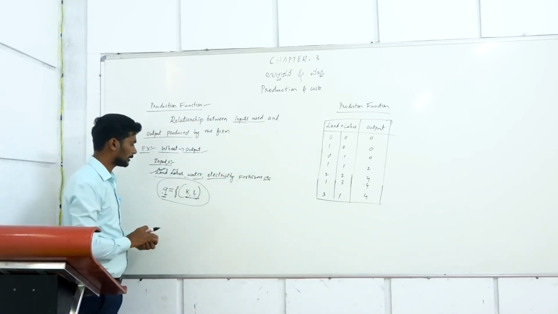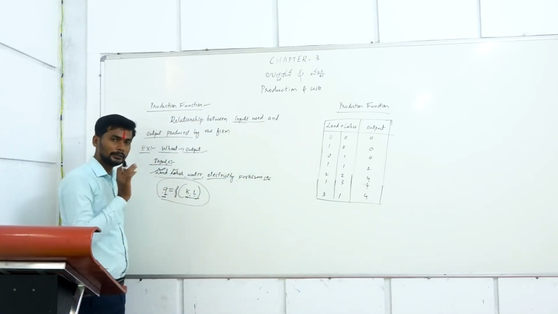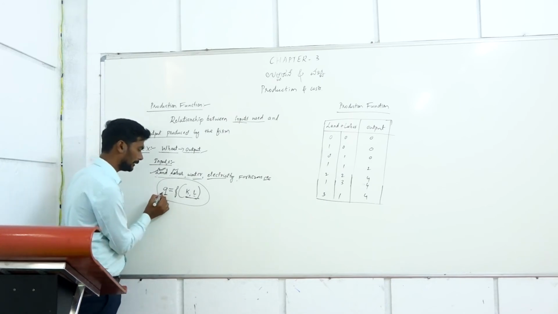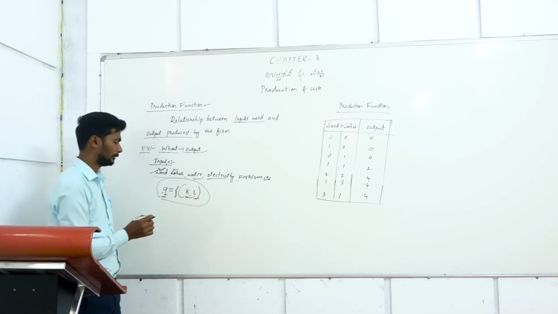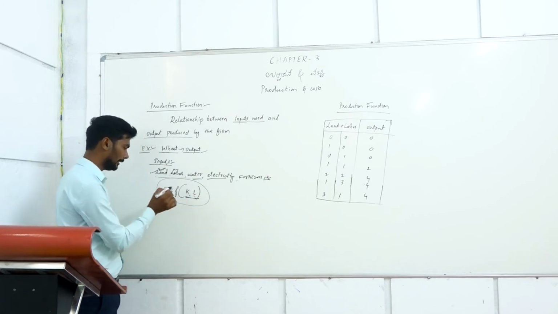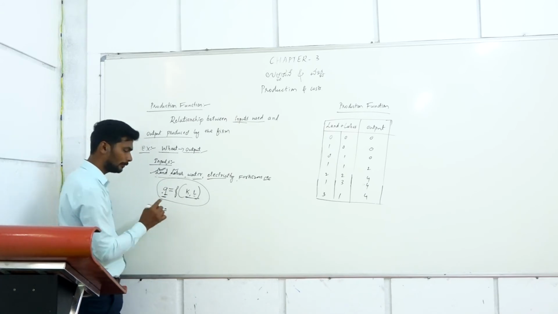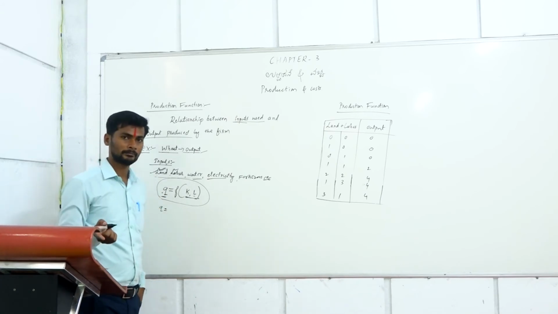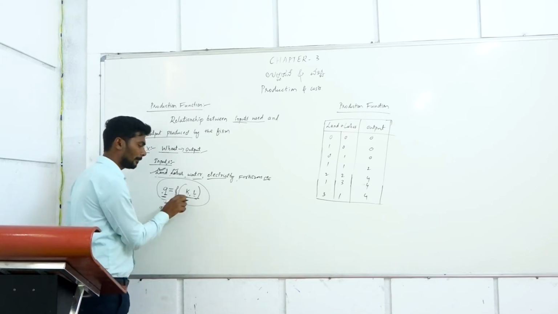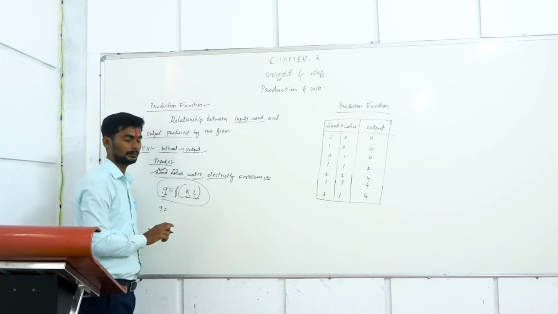So remember, the production function shows the relationship between Q and K, L. That means output and input. Here Q will change if inputs are changed.